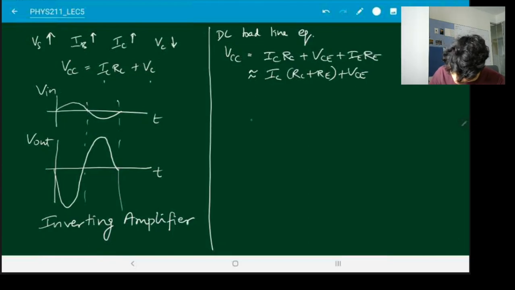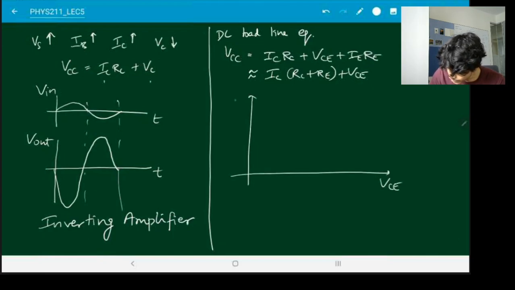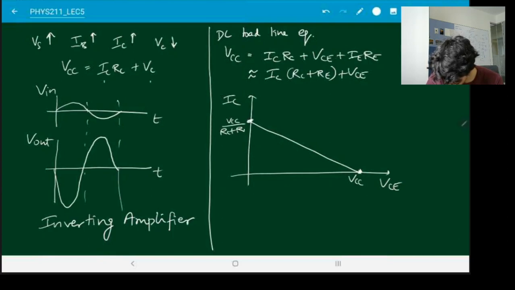So now if I plot the output characteristic, you'll get some load line like this, which comes from this load line equation, where, as we discussed last time, when IC is 0, this is just VCC, and this point is where VCE is 0, so this is VCC divided by RC plus RE.